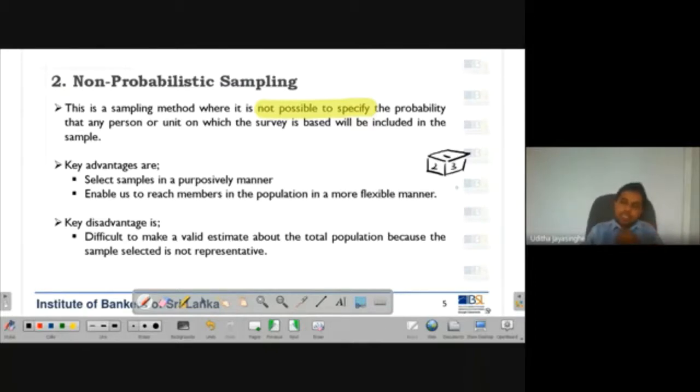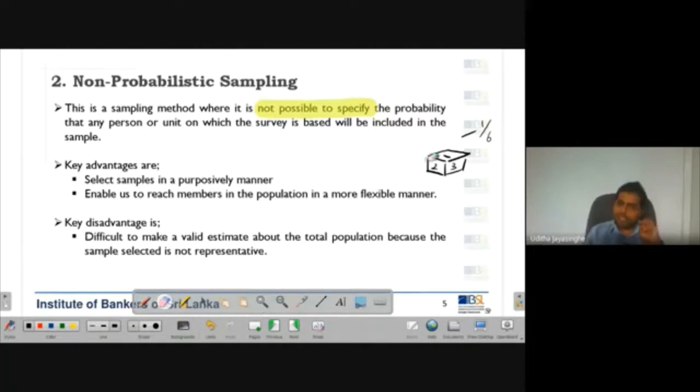Now what is the probability that I'm going to get one particular number? Assuming that this is an unbiased dice, that is simply 1 out of 6. So if I take these numbers into my sampling, that is nothing but probabilistic, because in advance I know that there are equal chances for all these 6 items to be selected in my sample.